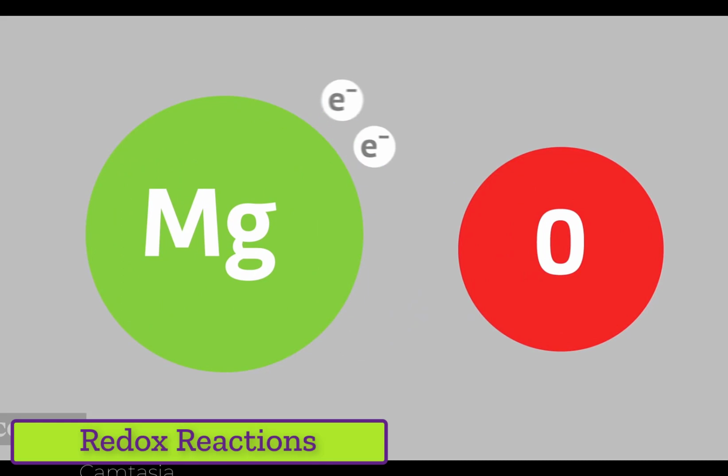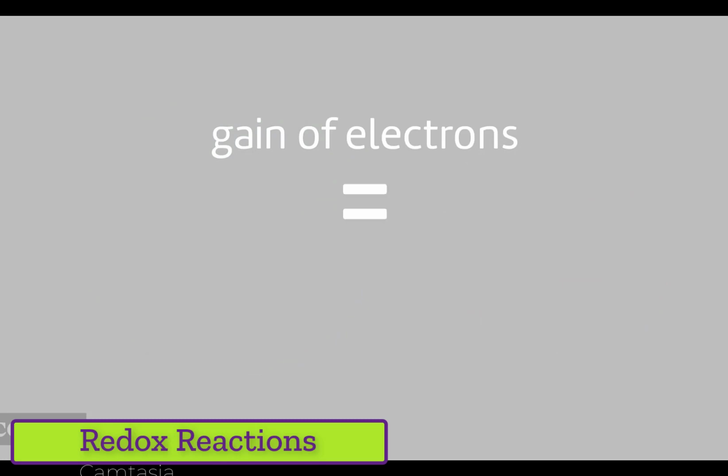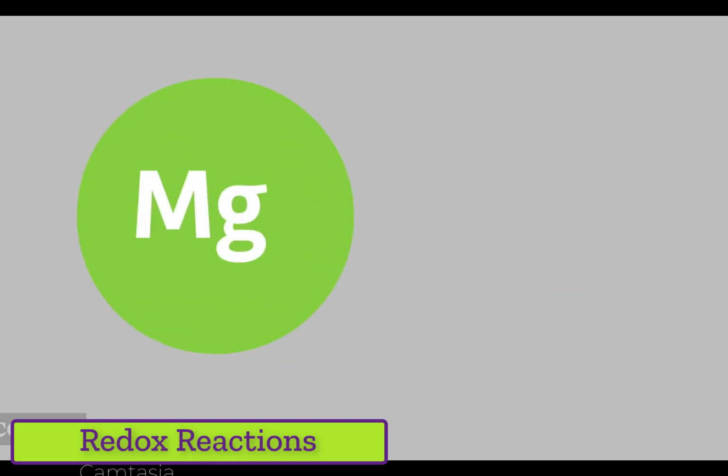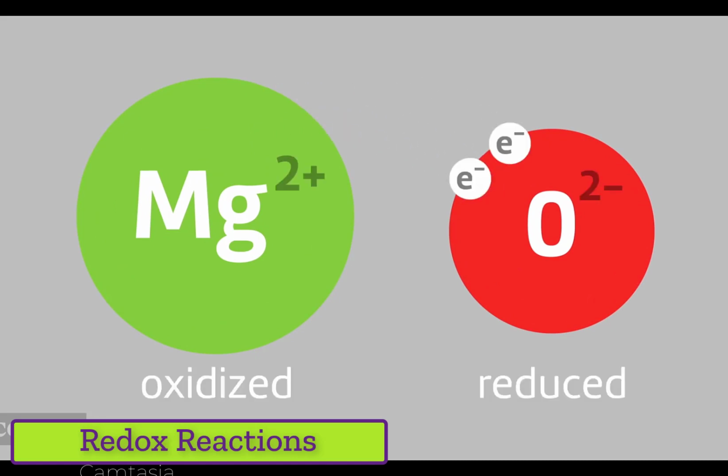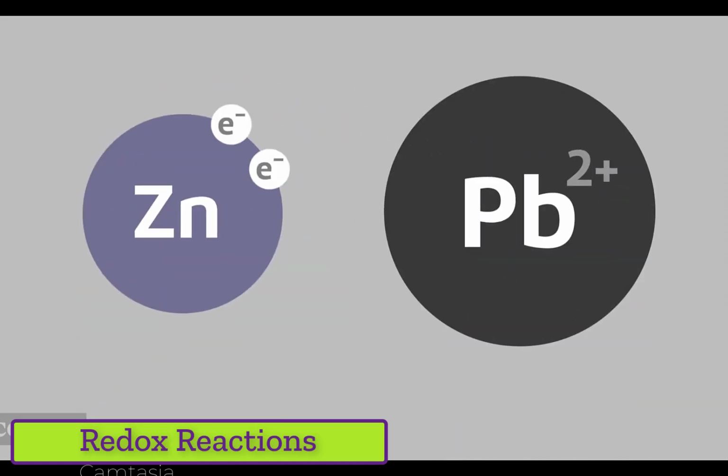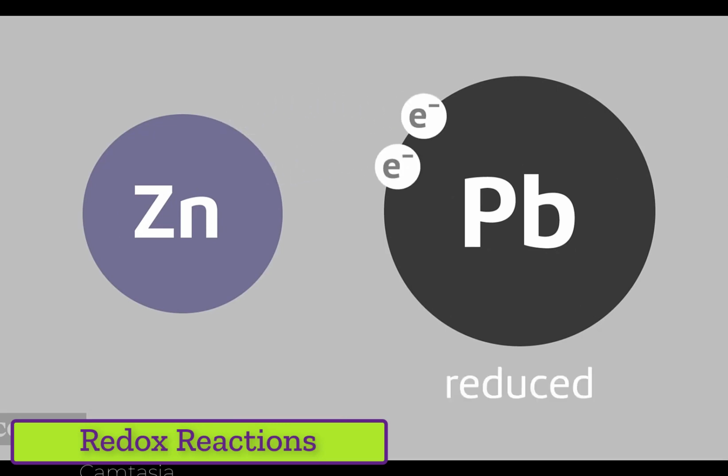But one atom's loss is another's gain, and gain of electrons is called reduction. So with burning magnesium, oxygen is reduced as magnesium is oxidized. And when lead trees form, lead is reduced as zinc is oxidized.